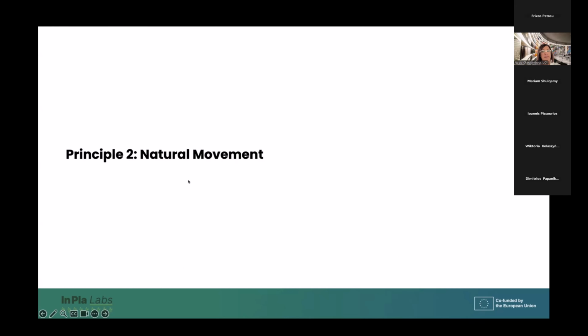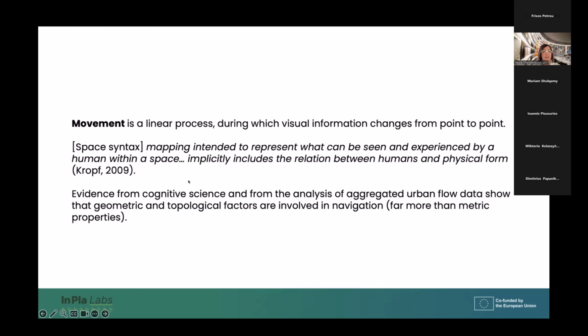The second one is about natural movement. How do we move naturally around cities? So movement, according to space syntax, is linear. It's a linear process. You move in lines, in a linear way. As you move through space, then you see things. So as you move through space, the information visually available changes.